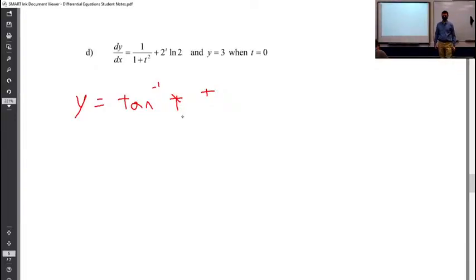Plus, this is our derivative rule of two to the t. Because the derivative of 2 to the t is 2 to the t times natural log of the base. And that's what's going on there. So we had to start with 2 to the t. Plus c.